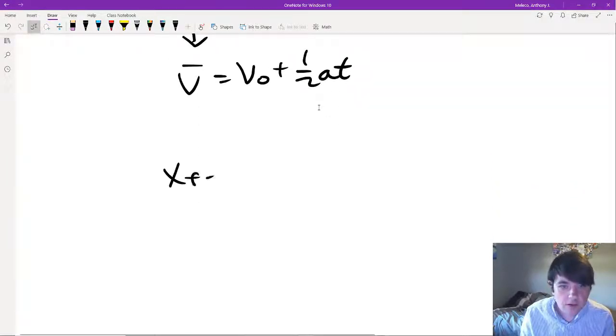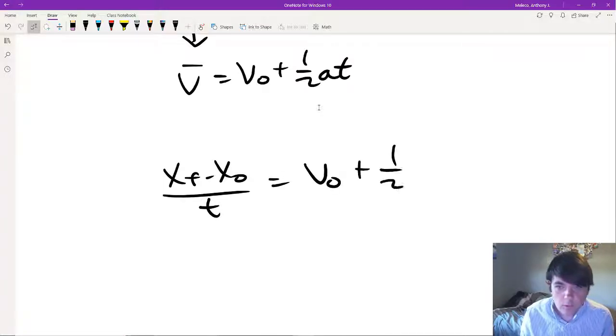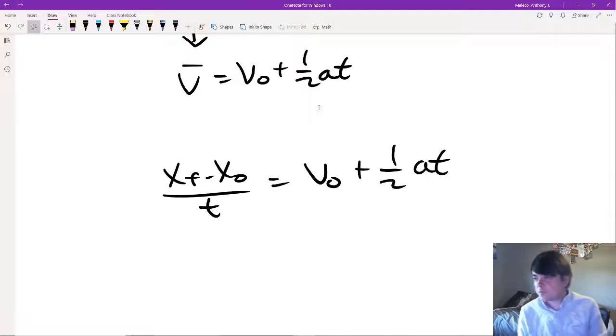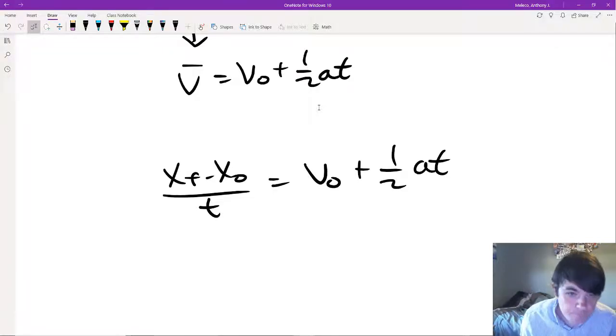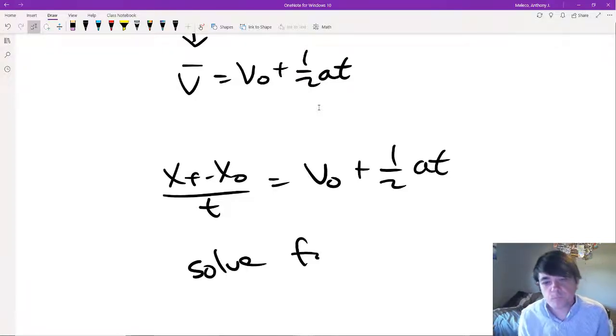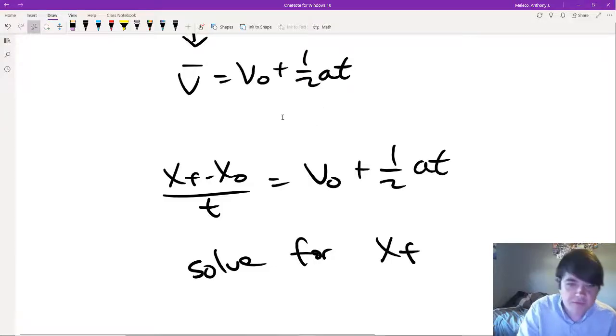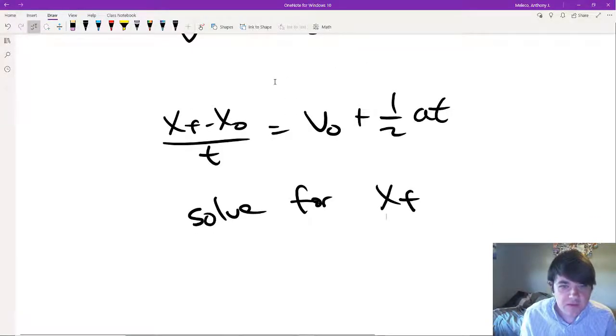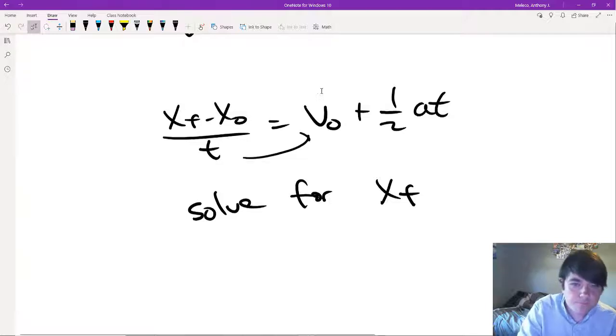So x final minus x initial over t. And then we're going to solve for x final. We're going to take this t and multiply it over.